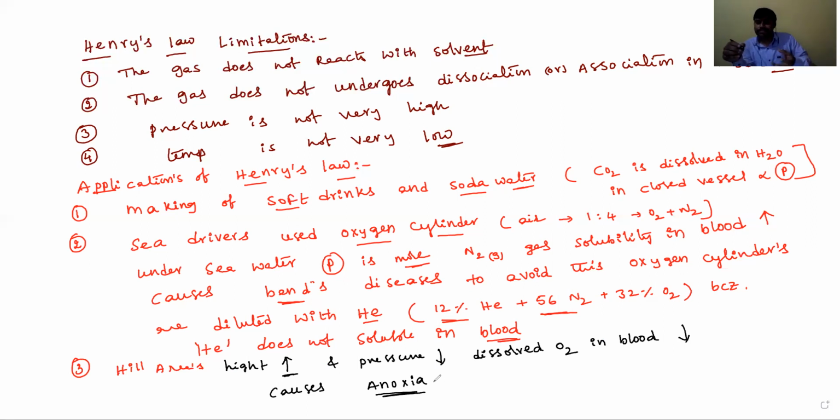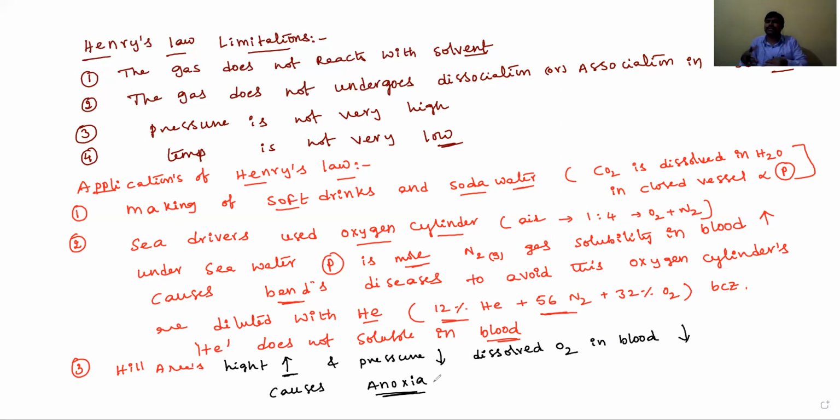Anoxia means the oxygen level in our body decreases and we slowly fall down, because sufficient oxygen levels must be present for us to live. Oxygen levels gradually decrease while going to the height, as hill areas are high altitudes. As the height increases, the pressure decreases.